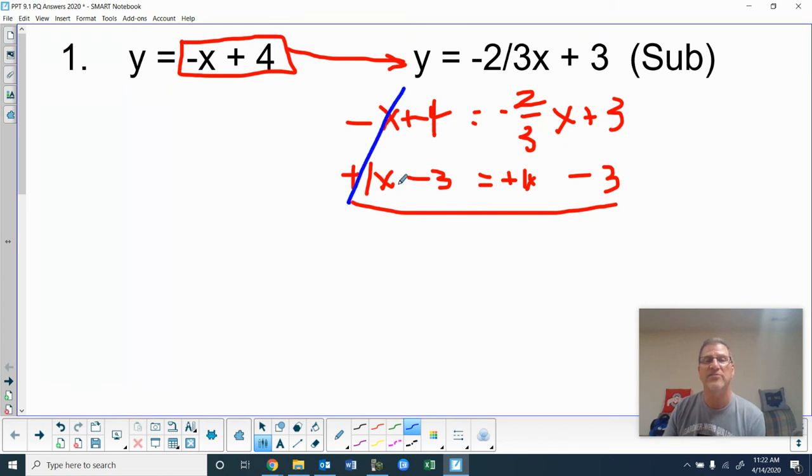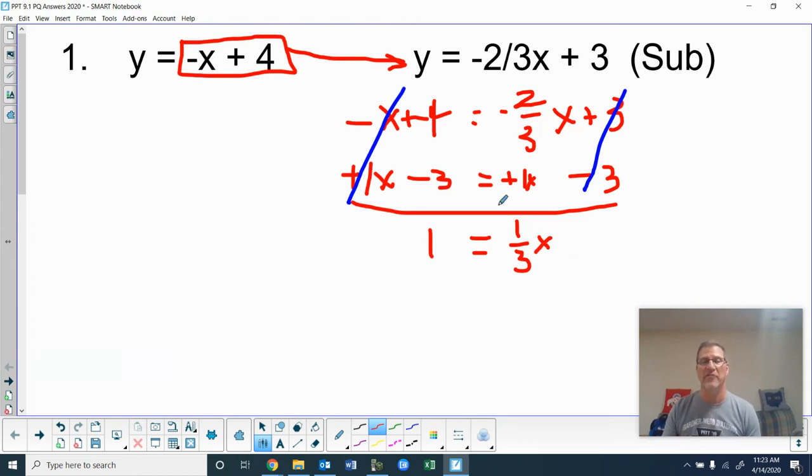So these two will cancel, and those two will cancel. So we got 4 minus 3, which is 1, and negative 2/3 x plus 1x will be a positive 1/3 x. That's just like 1 minus 2/3 x. So that's what I have so far.